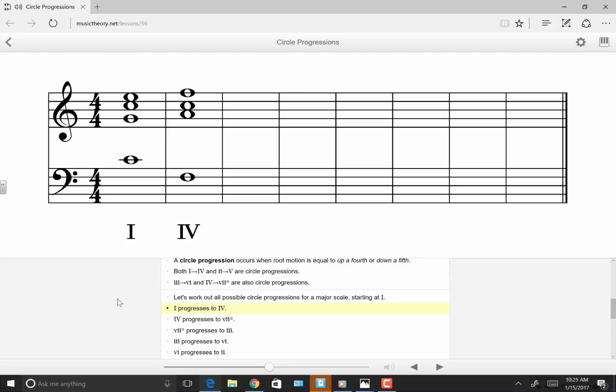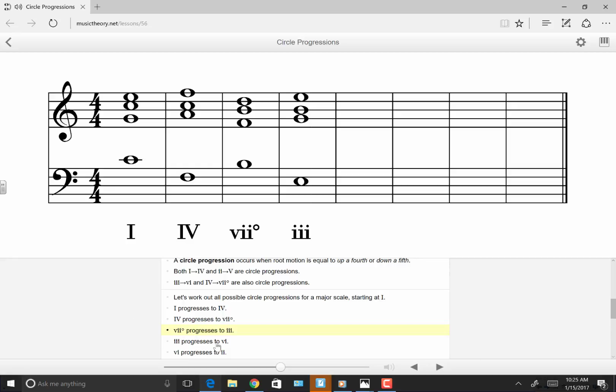There is a common tone. From 4, we can travel around our circle progression to 7, the next number in our telephone number for circle progressions. So we have 4, 7, and 7 can progress to 3. 4, 7, 3.